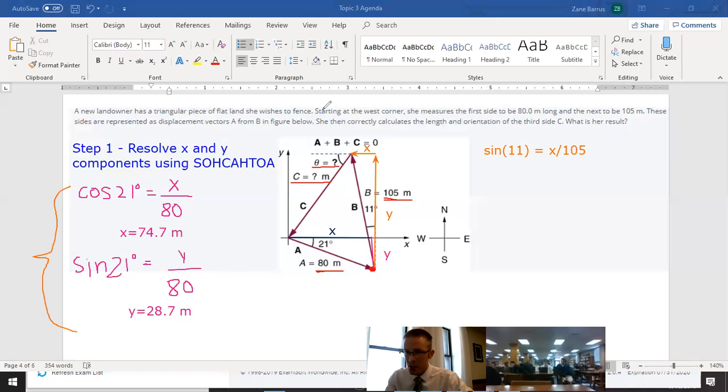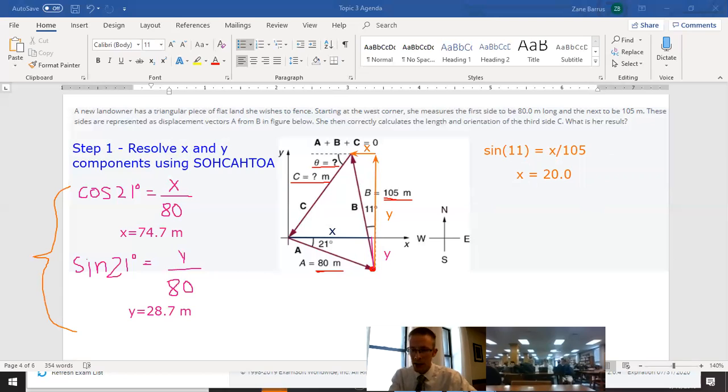Okay, so if I keep going, if I want to get my x by itself, sine of 11 degrees multiplied by that 105 gives me an x value of 20.0. Let's go ahead and do the cosine as well to get our y component.